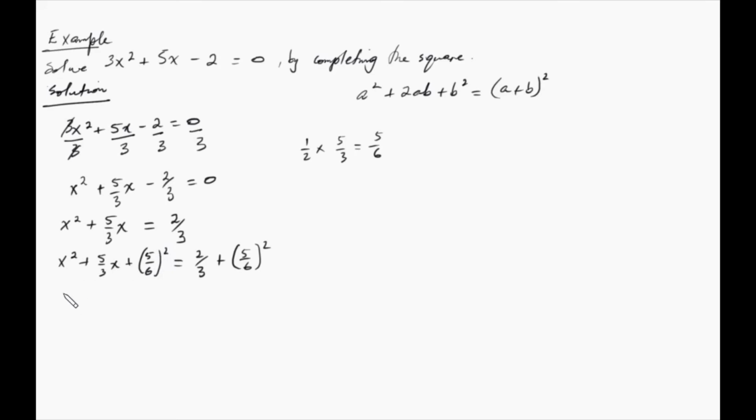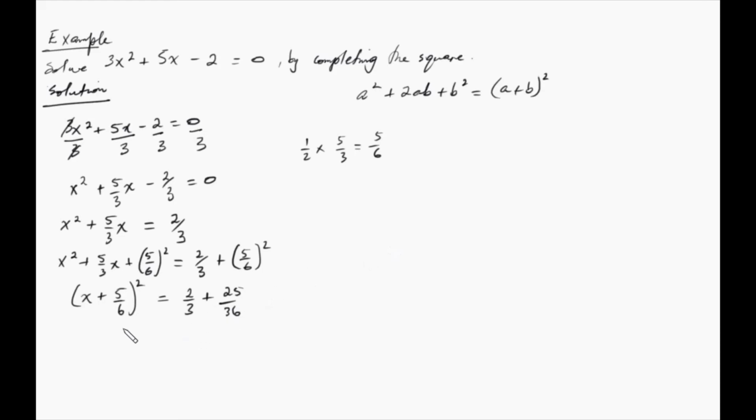So when we factorize this, we are going to have x, which is this one, we leave the square now, plus 5 over 6, now all squared. This, when expanded, will give us this. So this is equal to 2 over 3 plus 25 over 36. All right?